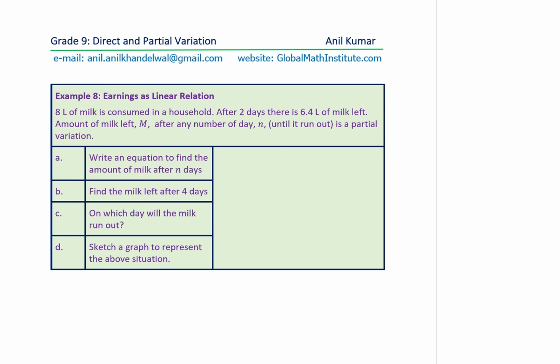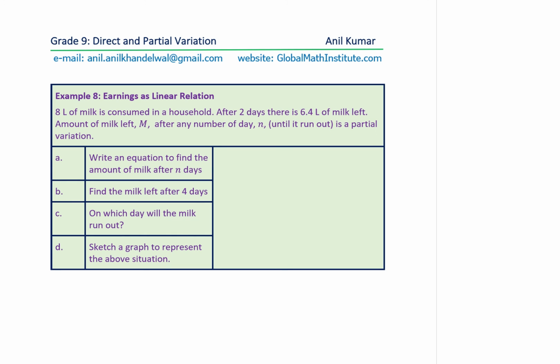Here the question for you is, 8 liters of milk is consumed in a household. After 2 days, there is 6.4 liters of milk left. The amount of milk left, M, after any number of days n until it runs out is a partial variation. So we're given that it's a partial variation.